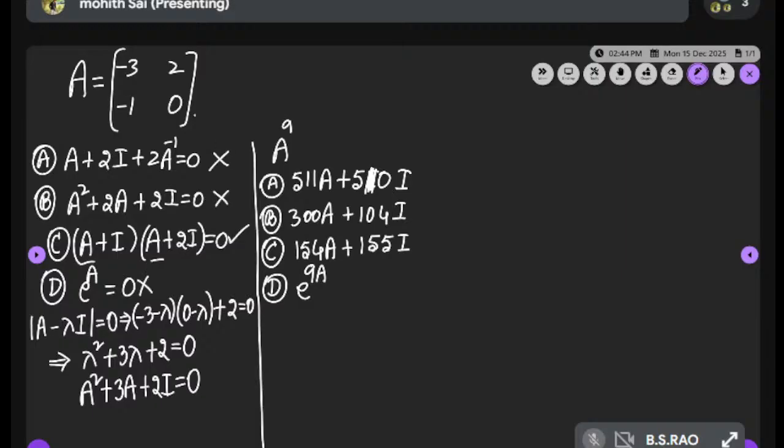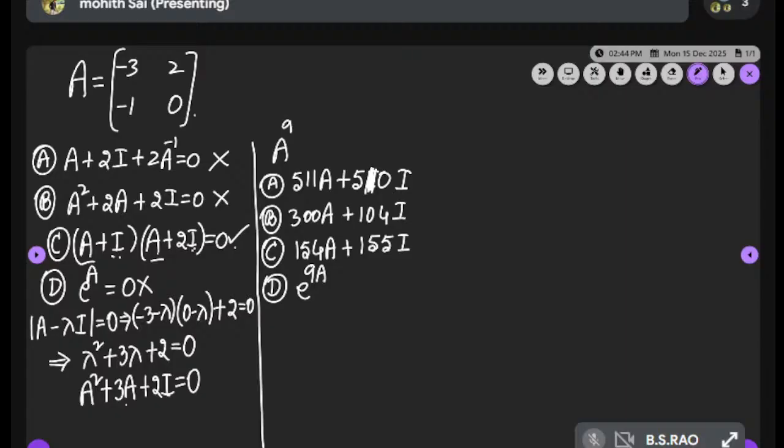A into (A square plus 3A plus 2I) equal to 0. Only this is the answer. Observe it. Definitely you may get it. Do it, make it fast.